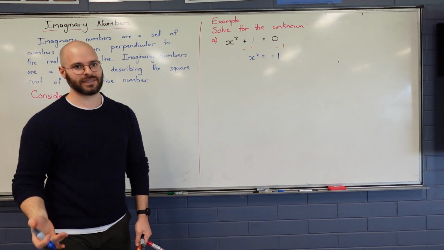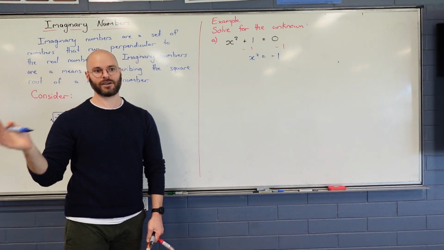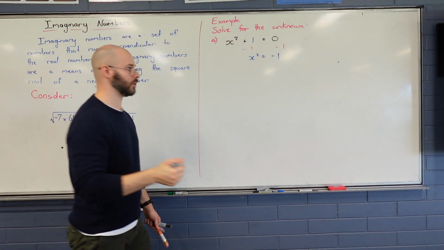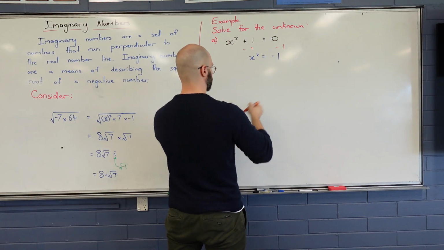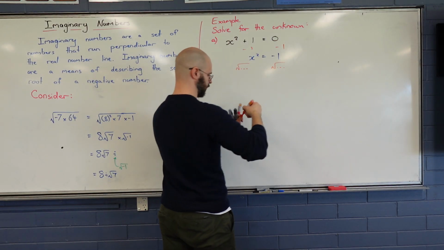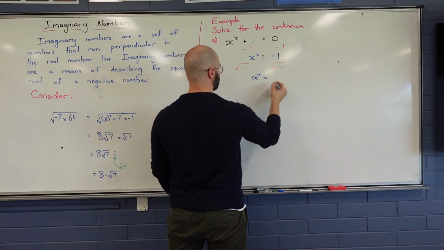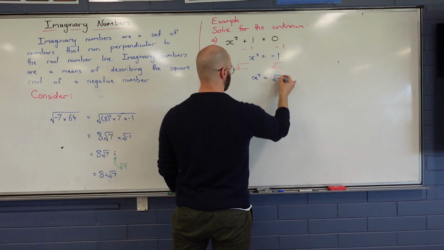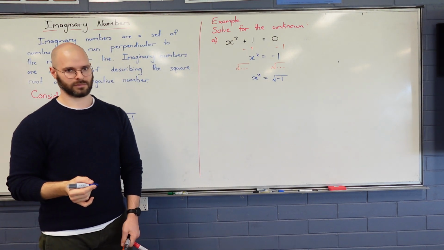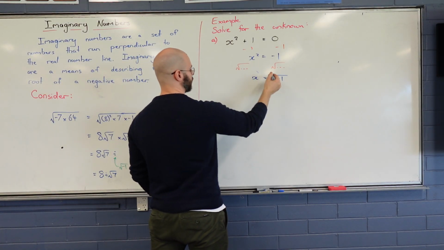Then, what do we need to do to find a singular value of x? I don't care about x squared, I care about x. I need to square root it. Hence, x is equal to the square root of negative 1.